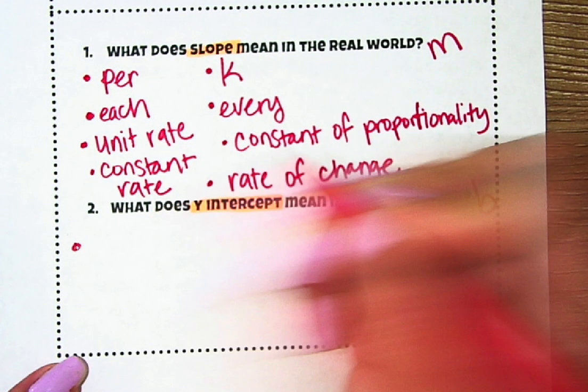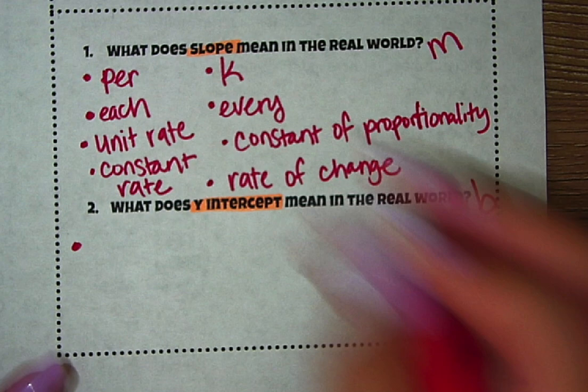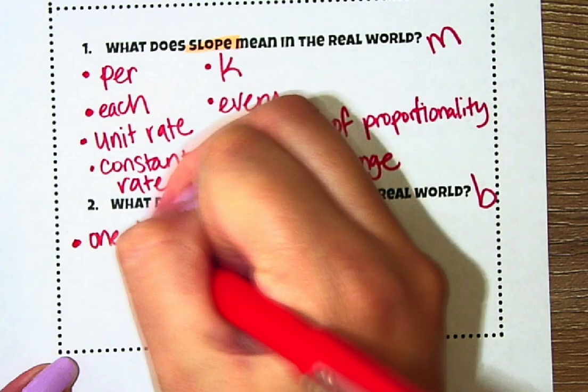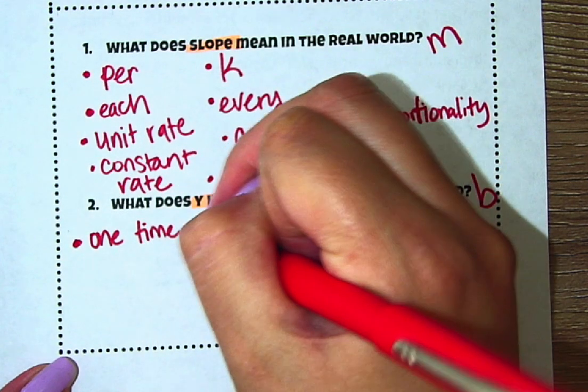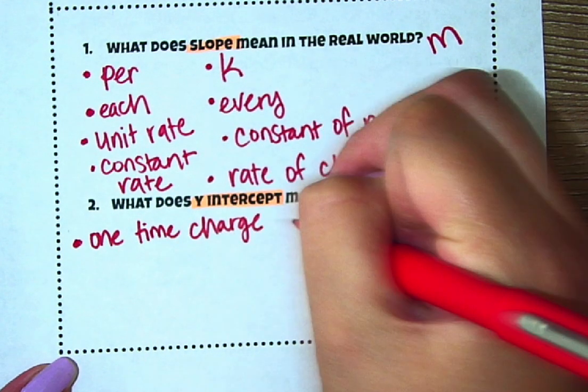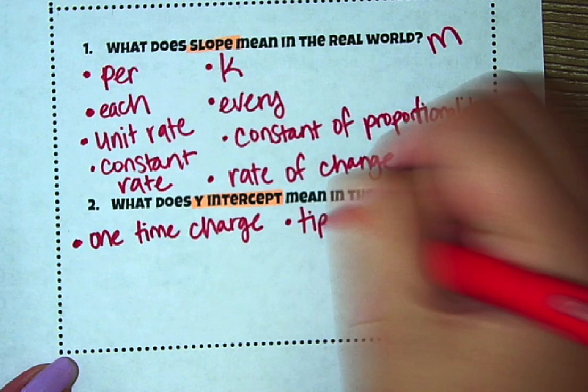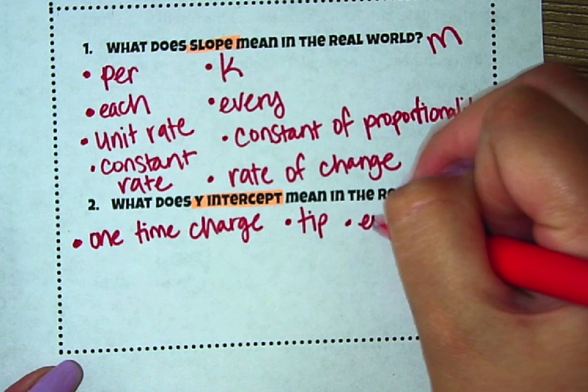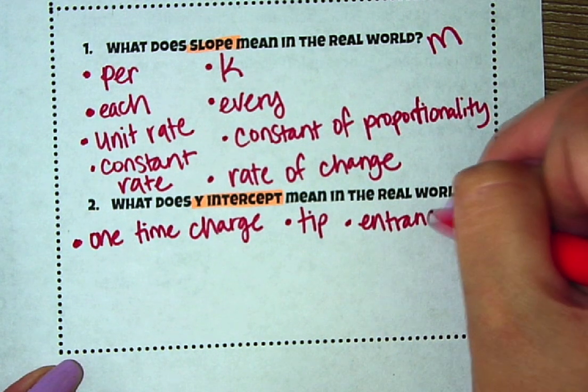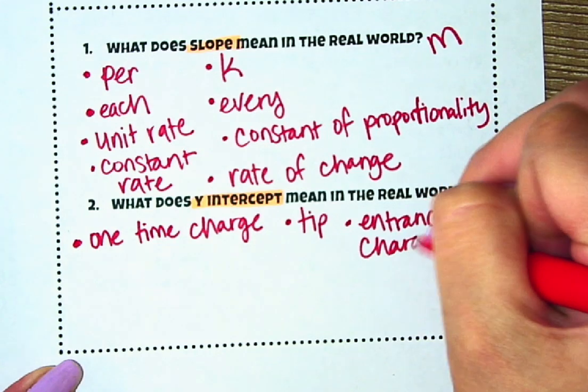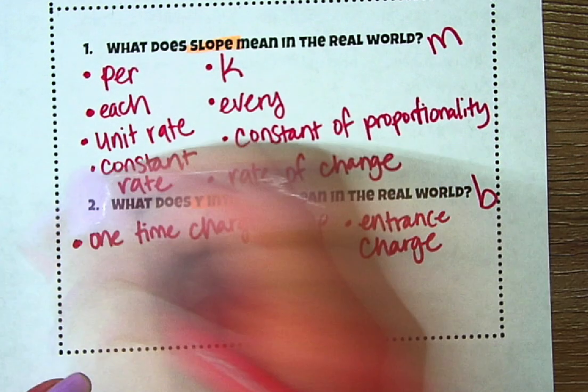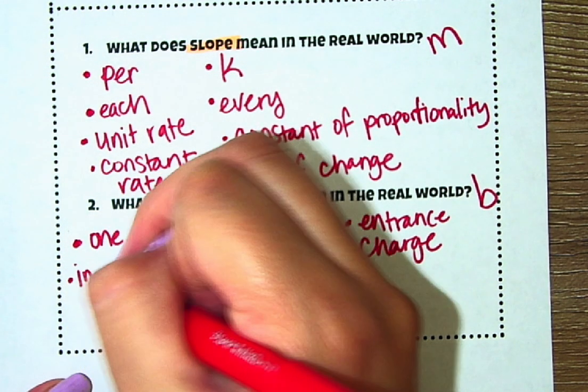So you might see it say one-time charge. It could be a tip. It could say entrance charge. It could say initial fee.